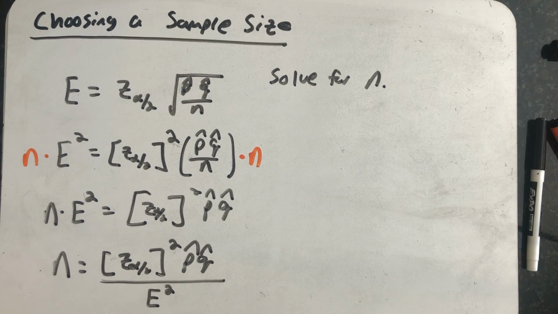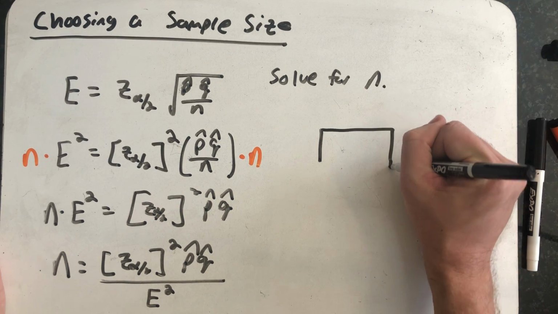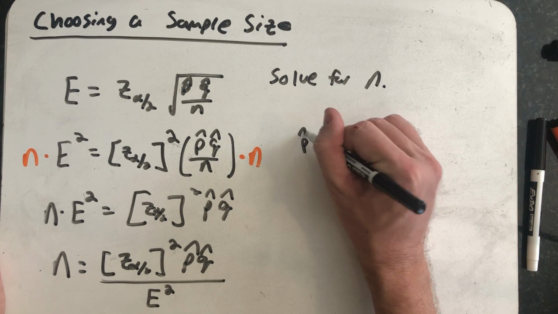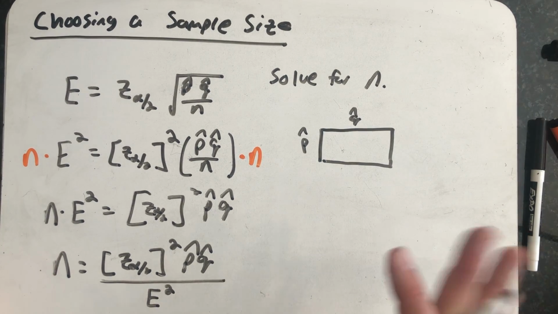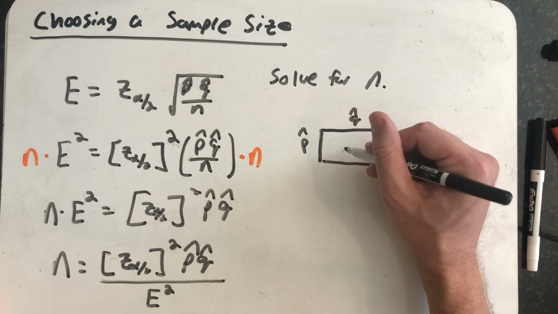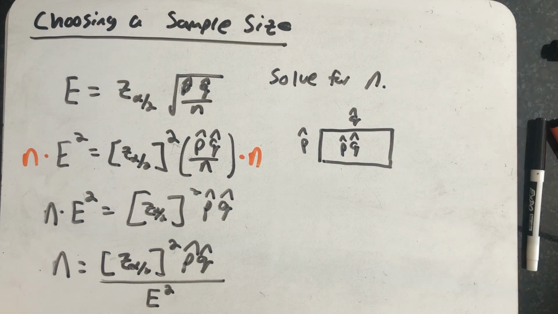And so there are two rules. The first rule is if you don't know anything about p hat and q hat, let's just pretend for a moment that those are the sides of a rectangle. The area of that rectangle would be p hat times q hat. Anytime I see two numbers in mathematics multiply together, I could kind of pretend they were the area of a rectangle with those two lengths.